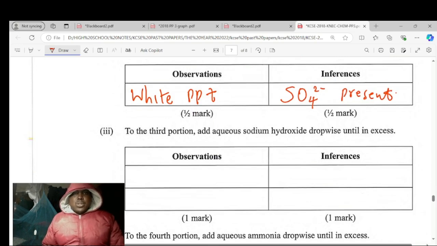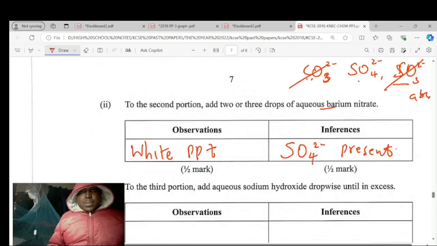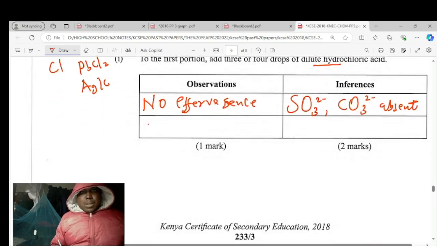To the third portion, add aqueous sodium hydroxide dropwise. There we expect a white precipitate, either soluble in excess or insoluble in excess. There's something we had put here. Sijui kwa nini imepotea hapa, tulisema no white PPT.